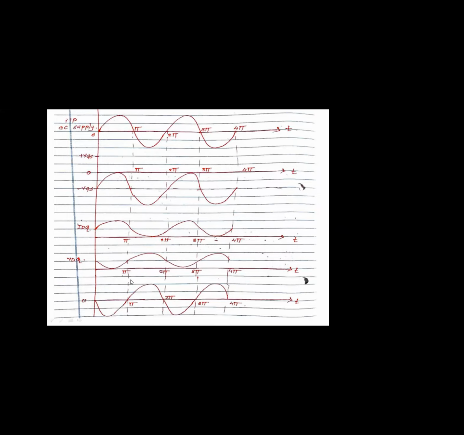See, ID increases, VDS decreases. When the VDS value increases, then here it should increase, and VDS should decrease. This happens because we have applied the equation on the output side. It shows that the value of your VDS depends on the value of ID, because ID increases and it is subtracted from VDD.